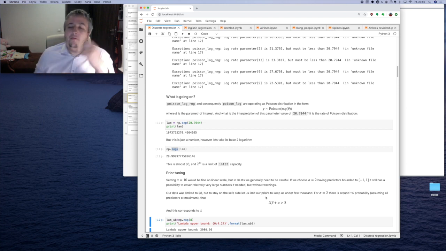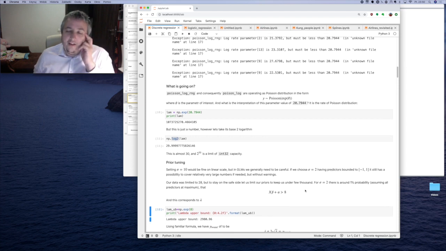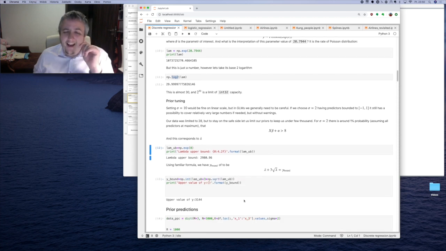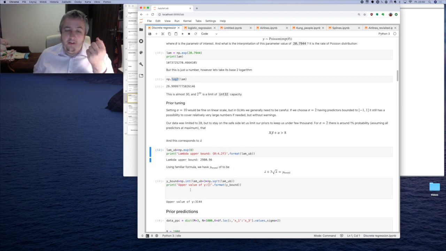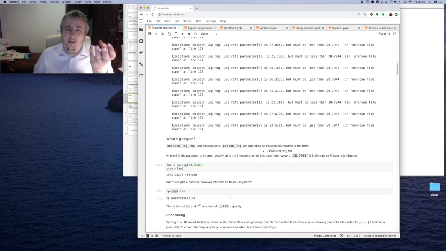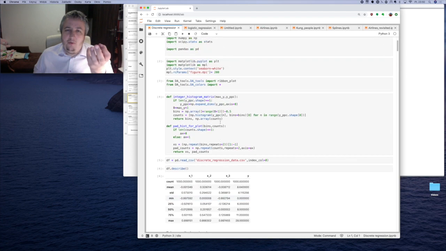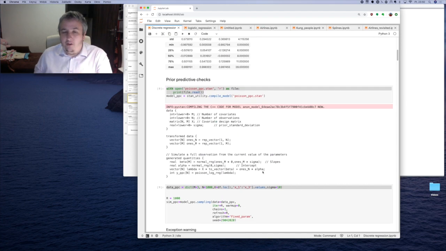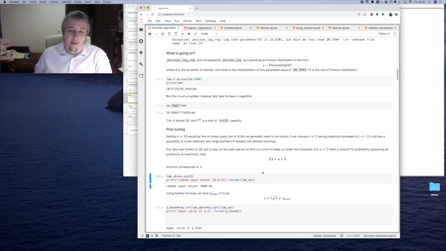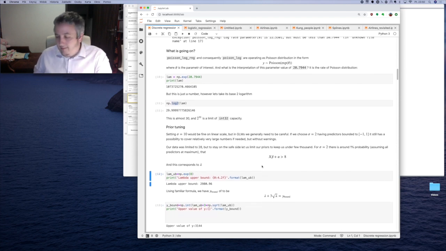But for sigma 2, there's a very small probability of getting x beta plus alpha greater than 8, and that would correspond to a lambda upper bound of 2980, which would give us an upper value of y around 3000, which is certainly exceeding our expectation looking at the data, because our maximum value of data was 28. So it will give us a very, very flat prior, at least in such a case.